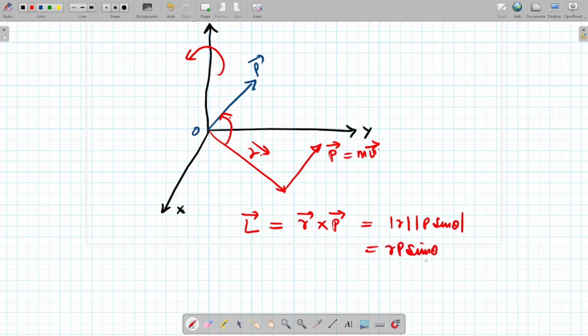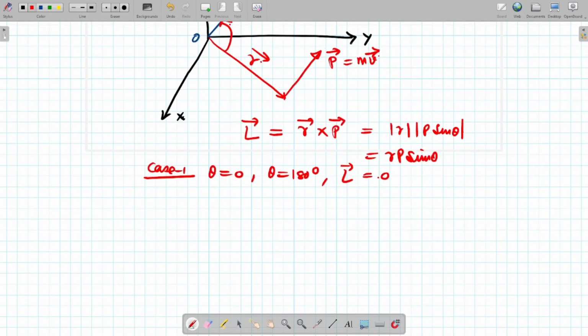This is my absolute value, okay, of the vector. So if theta is 0 or 180, the value of L would be 0. Okay, so case 1, if theta is 0 or theta is 180 degrees, L would be 0.